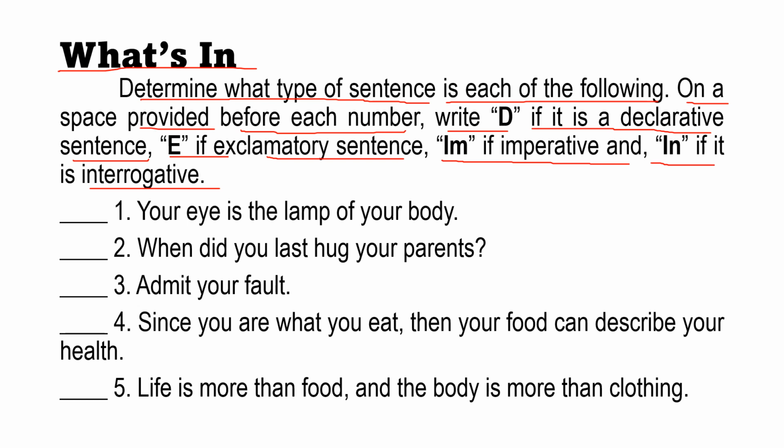When you say declarative sentences, these are the most common of the 4 types of sentences. They are used when you want to make a statement. A declarative sentence is a statement which can be a fact or an opinion, so you need to take note of that.